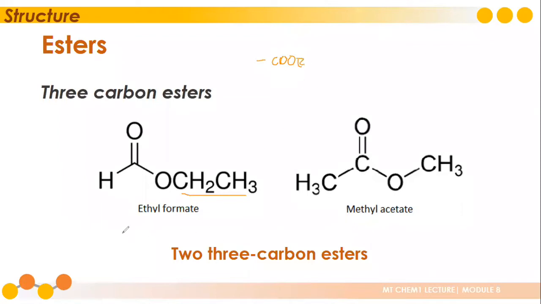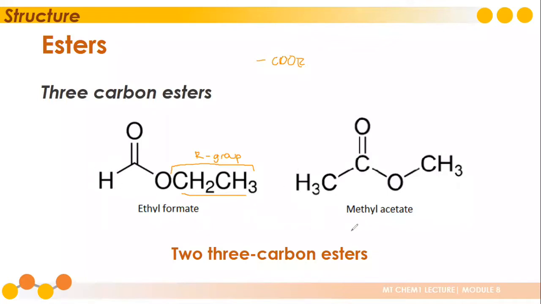So our first 3-carbon ester, ethyl formate, has an ethyl group replacing the R group. Right? This is our R group, or the rest of the molecule. And on this part, we only have a hydrogen attached to it.